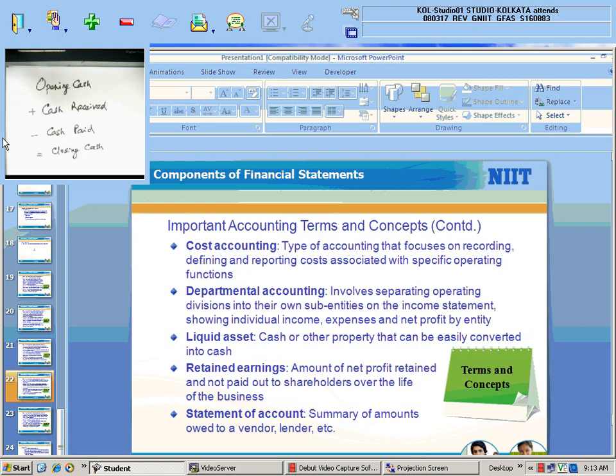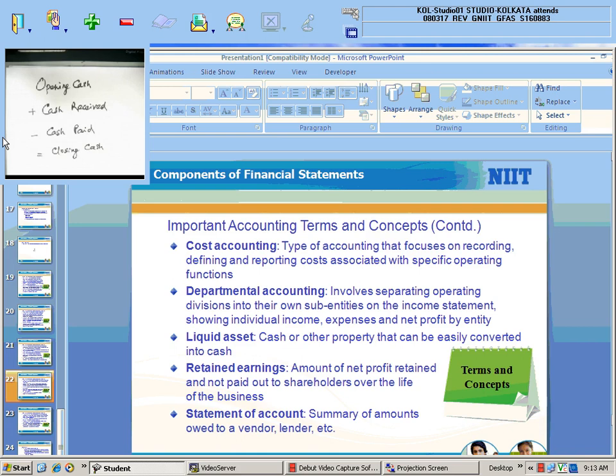Then another important term, which we may not be using much in this particular course but you should be familiar with, is cost accounting, because we are basically going to discuss financial accounting. Cost accounting is a different kind of accounting which focuses on recording, defining and reporting costs associated with specific operating functions.